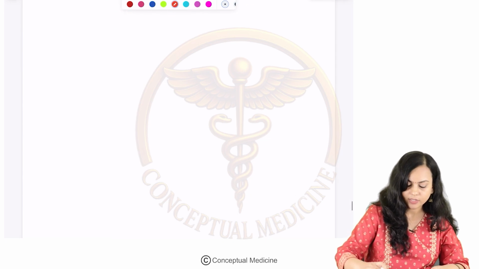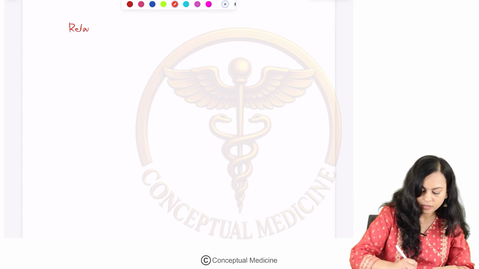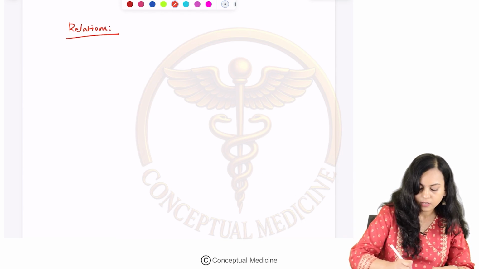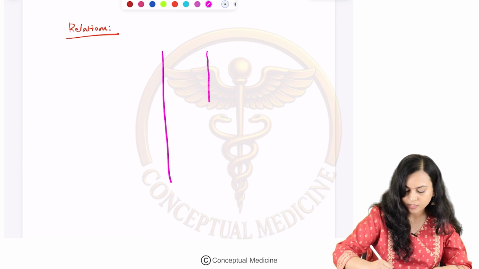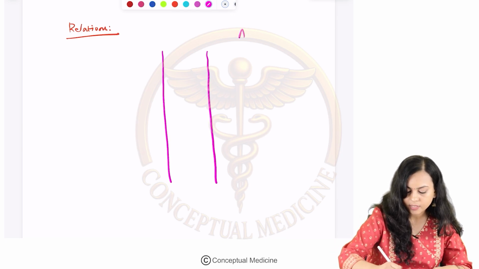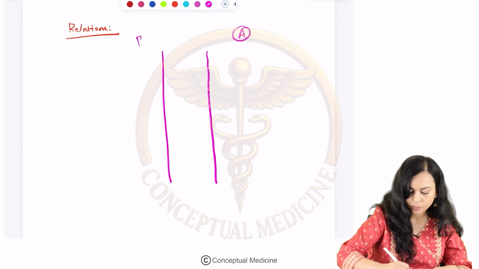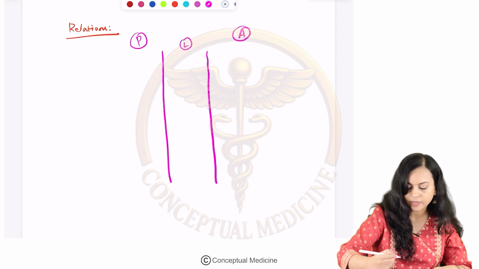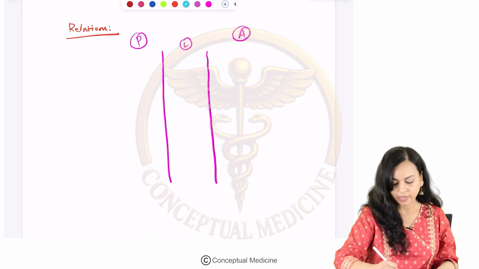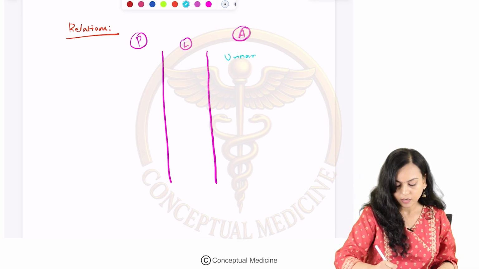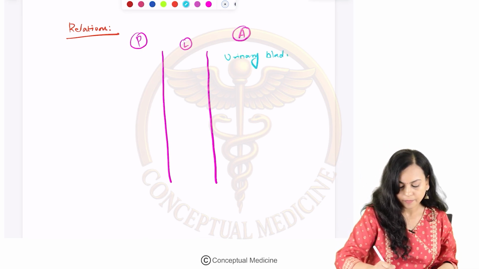We'll see the relations of the vagina now. So if we take the vagina like this, we'll keep this as the anterior relations, posterior relations and we'll write the lateral relations here. Okay. So the anterior relations of the vagina include the urinary bladder.